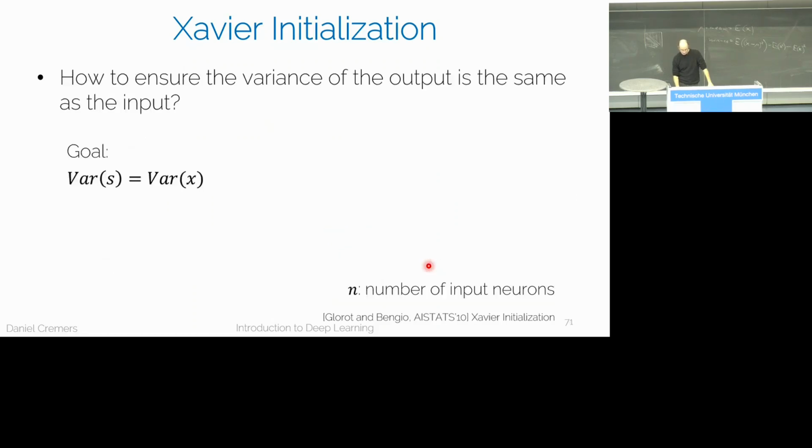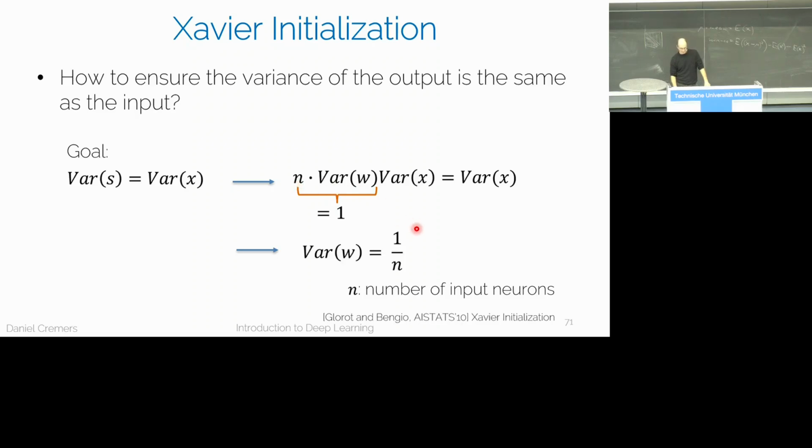So we know the variance of the score, and now what we want, as I mentioned, what Xavier Glorot and Yoshua Bengio said, is that the variance of the score should be on par with the variance of the incoming signal from the previous layer. As we just showed, the variance of the score is this one, and that should be the variance of x, which means I should choose the variance of the weights to be 1 over n.